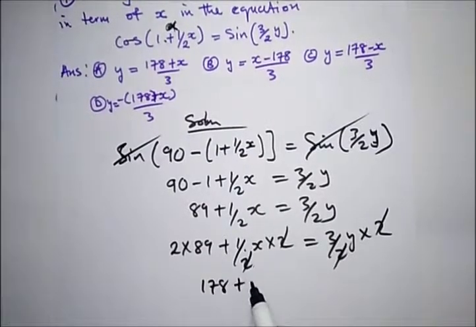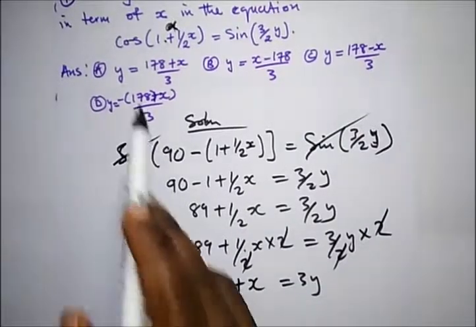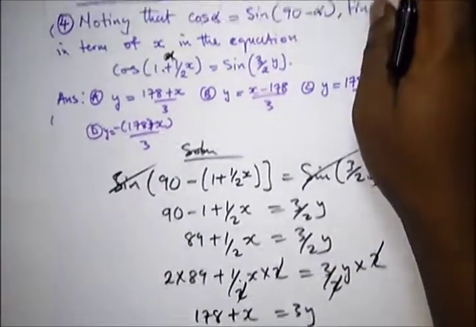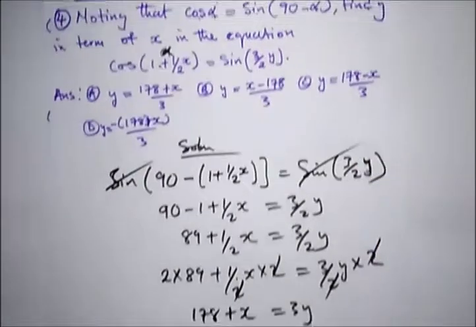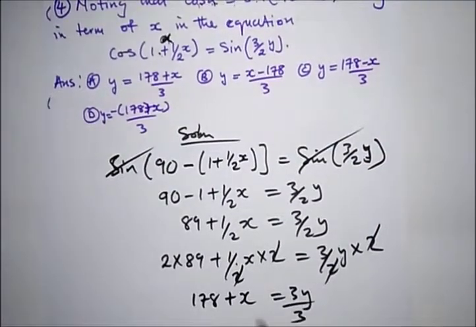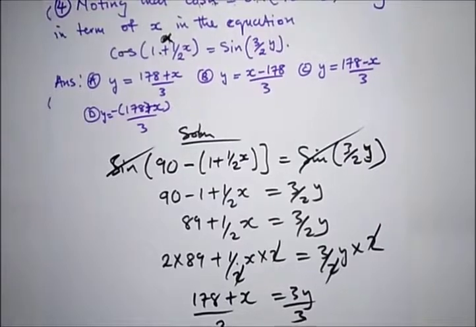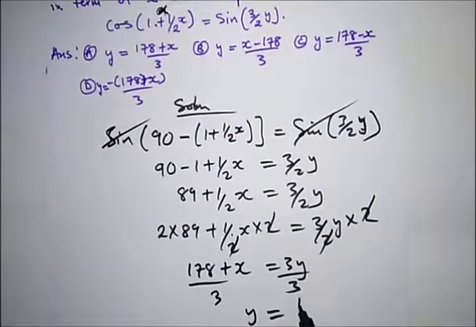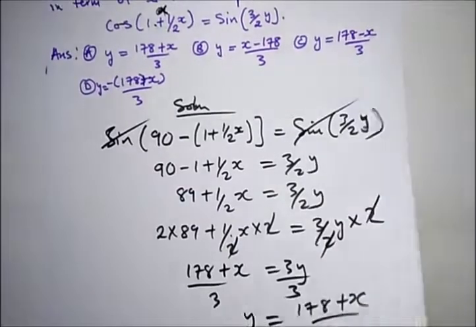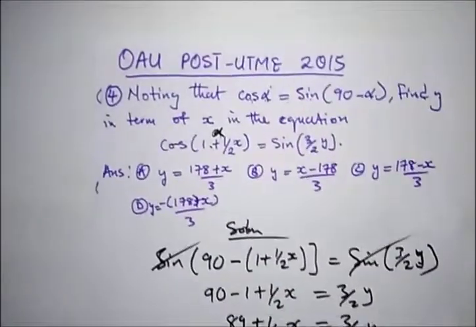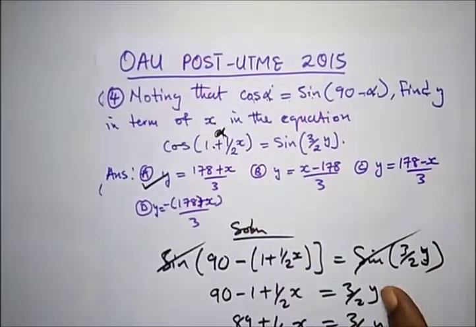We are left with x here, and 3y. Our question says find y, so we divide both sides by 3, and y is equal to 178 plus x over 3. What is our right option here? It's option A.